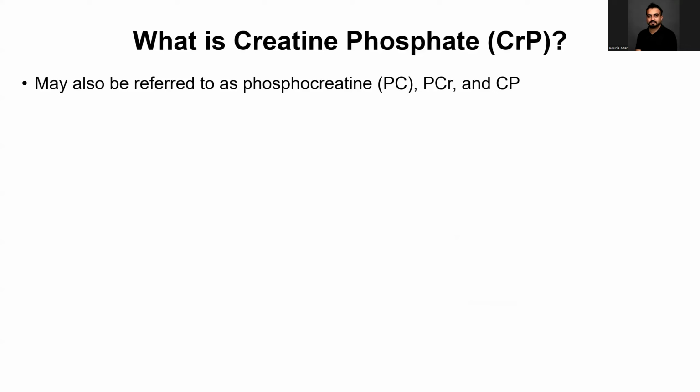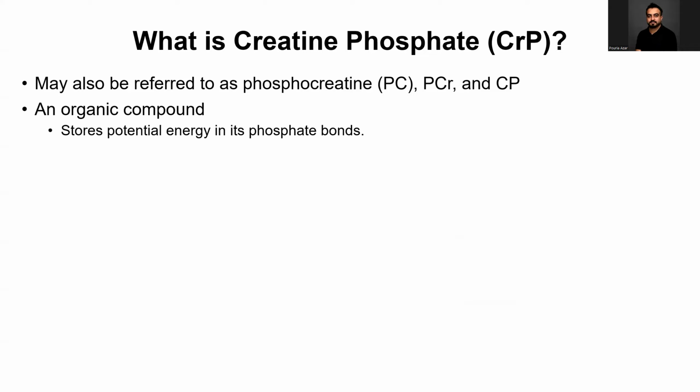These are all creatine phosphate. Or it's also called phosphocreatine. It's an organic compound and it stores potential energy in its phosphate bonds. Do you know why we call this an organic compound?